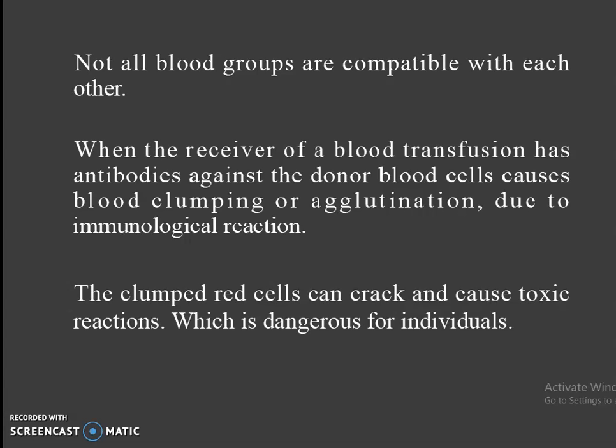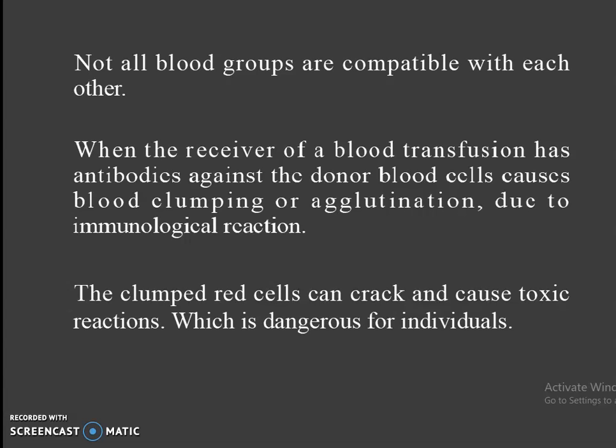If the blood is not compatible, that may lead to a blood transfusion reaction. That may be fatal to the recipient. Not all blood groups are compatible with each other. When the receiver of a blood transfusion has antibodies against the donor blood cells, that causes blood clumping, also called agglutination.